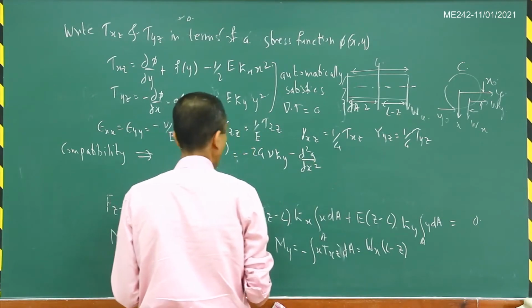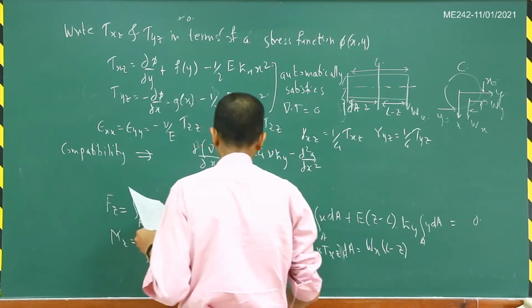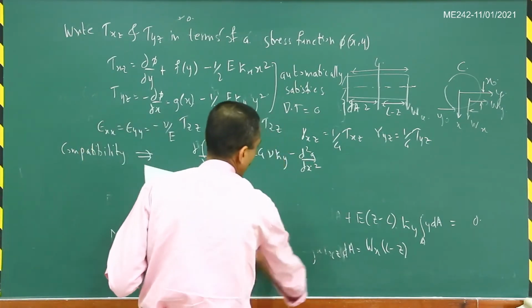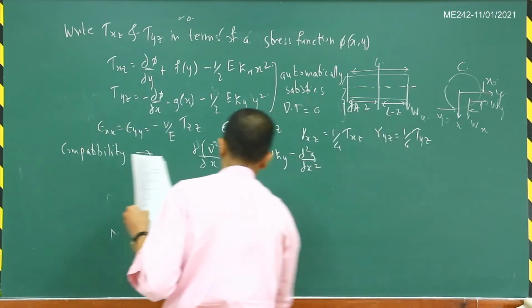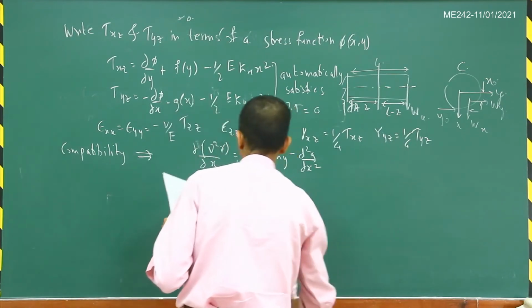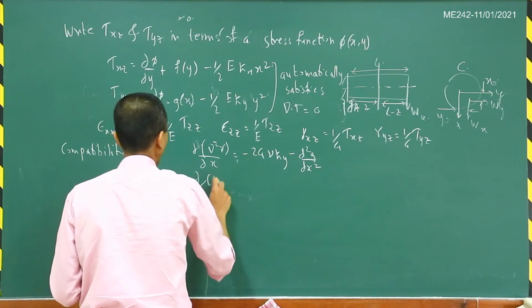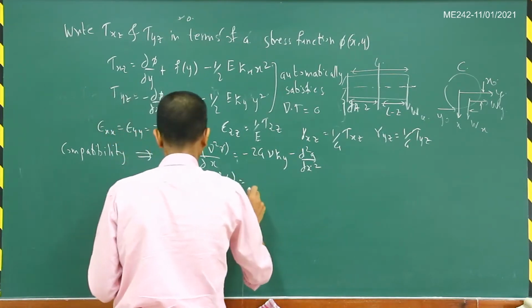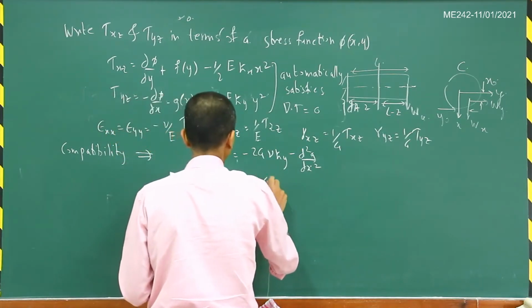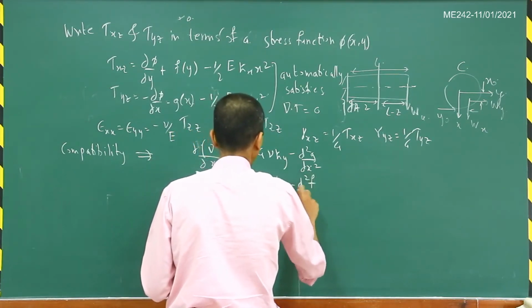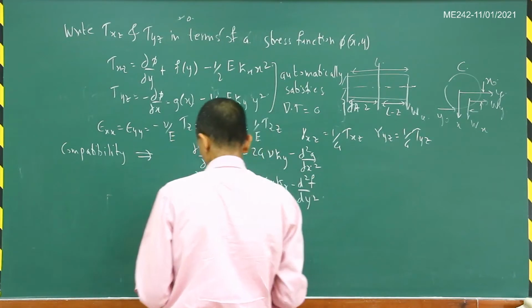And the other equation is del by del y of del square phi is equal to minus 2G mu times kappa x minus d square f by dy square.